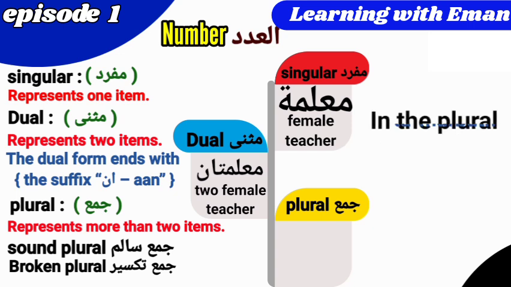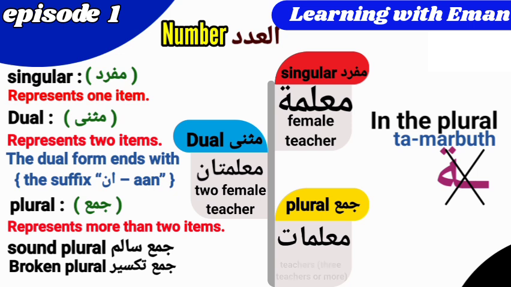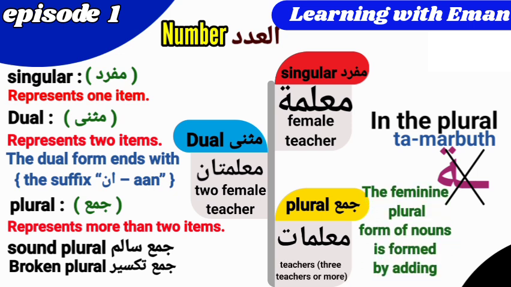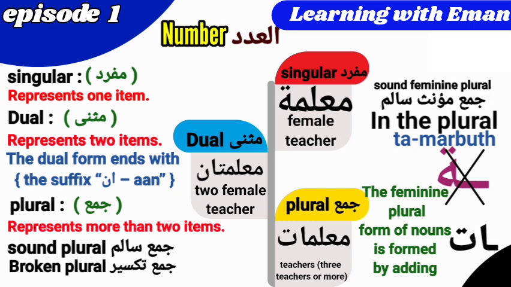In the plural, the ta marbuta is dropped before adding the plural suffix, so معلمة becomes معلمات, which means teachers. The feminine plural form of nouns is formed by adding aleph and ta and is called in Arabic جمع مؤنث سالم.